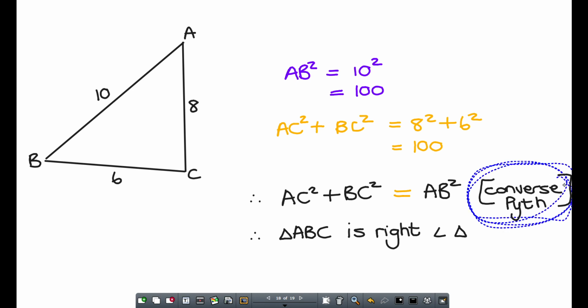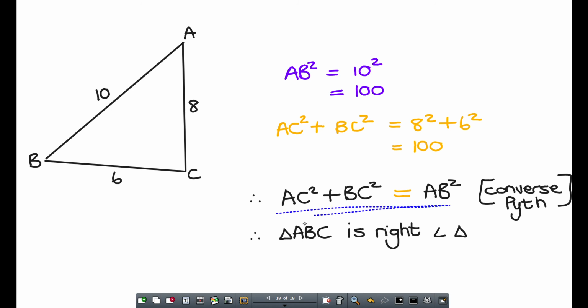We only do it at the end because we first had to prove that it is a right angle. We didn't use Pythagoras because we can't, as there's no 90 degrees angle. So that's why we say converse of Pythagoras.